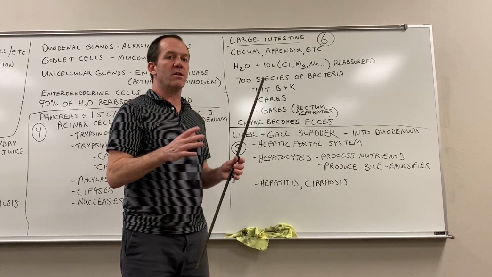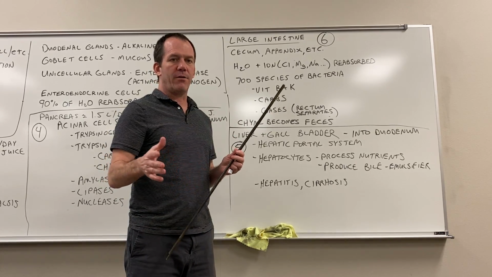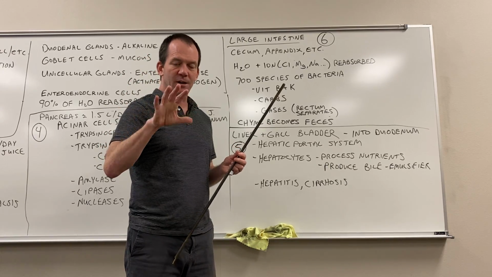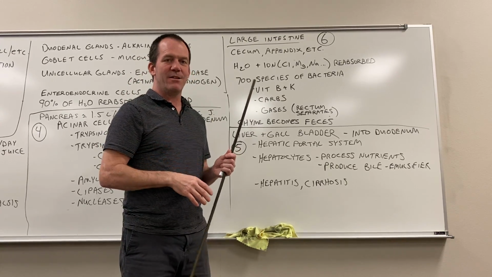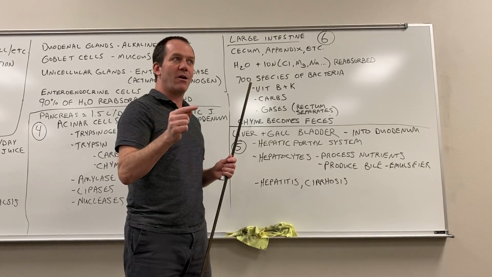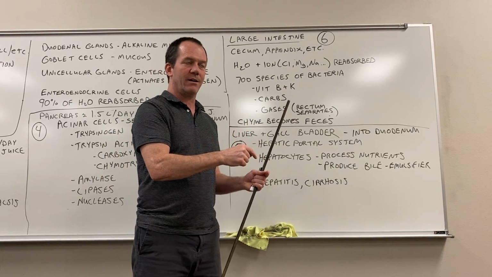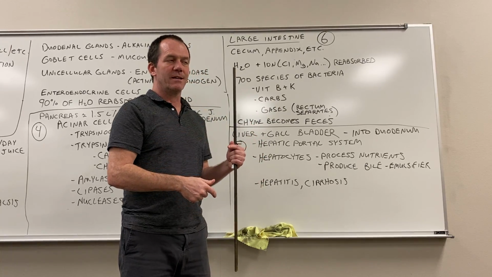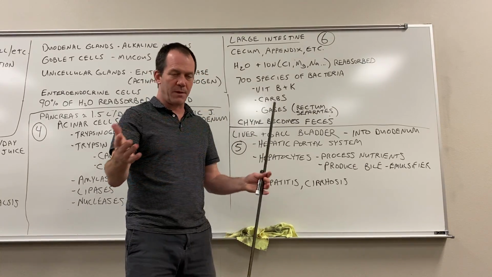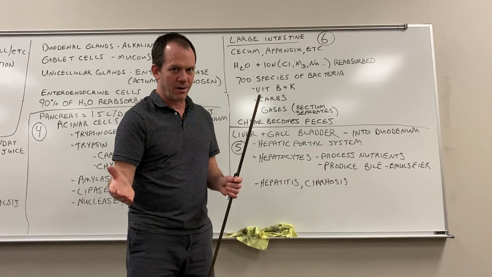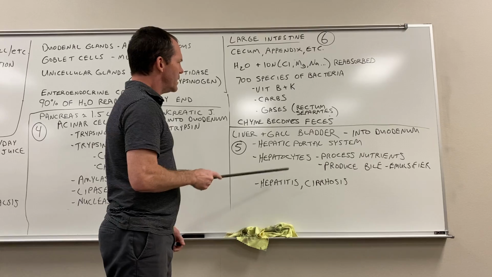You've got loads and loads of these things. You've got half a pound of bacteria living in your colon, which is kind of weird, right? You've got trillions and trillions of cells. There's more cells of bacteria living in your gut than you have cells of you. So you might be 30 trillion cells. There's more bacteria, but they're just really small, so they don't weigh as much.